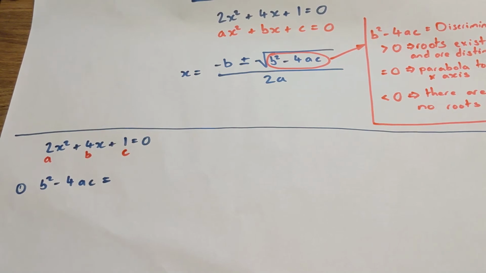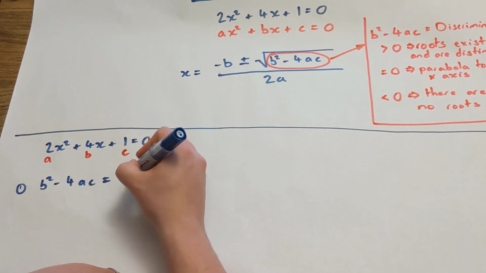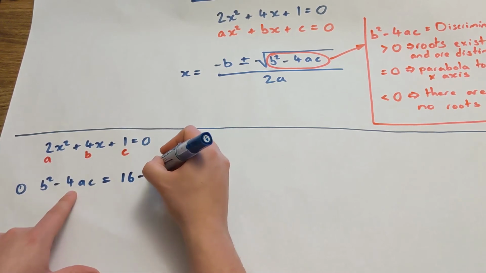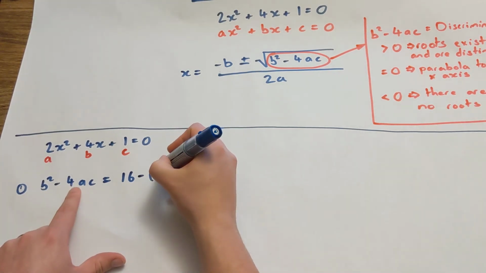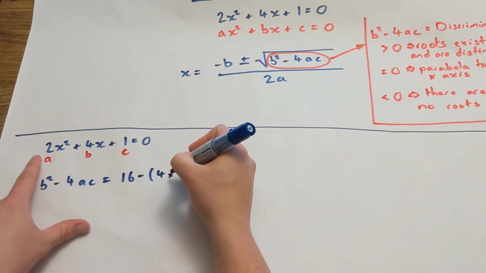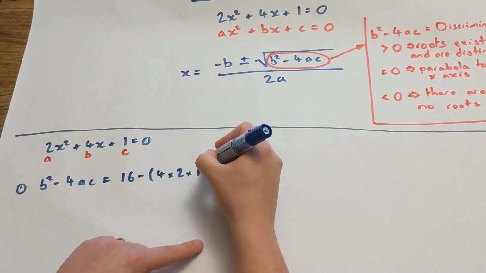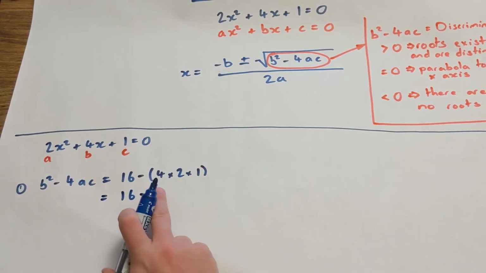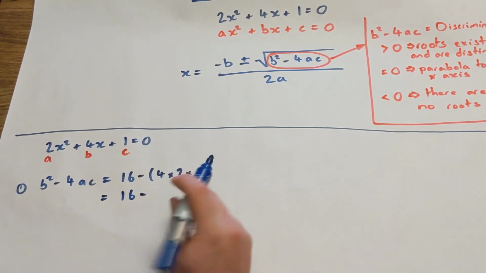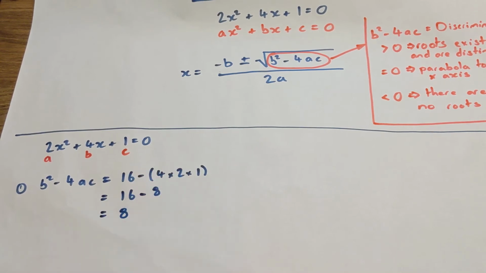So b squared is going to be 16, take away, and we'll put this in brackets just so we know it's all times by each other, 4 times 2 times 1. So that's 16 take away 4 times 2 is 8 times 1 is 8. 16 take away 8. So our discriminant is equal to 8.